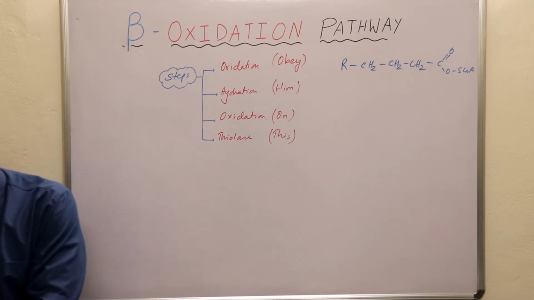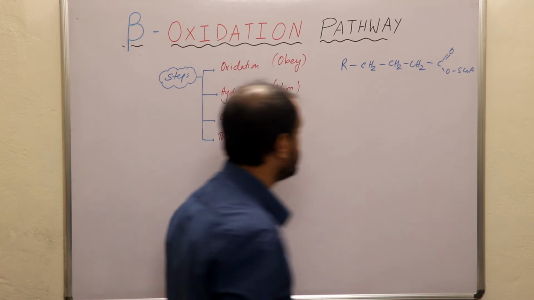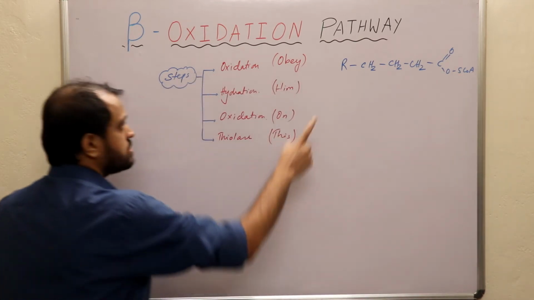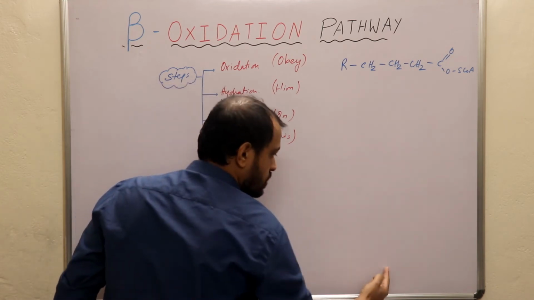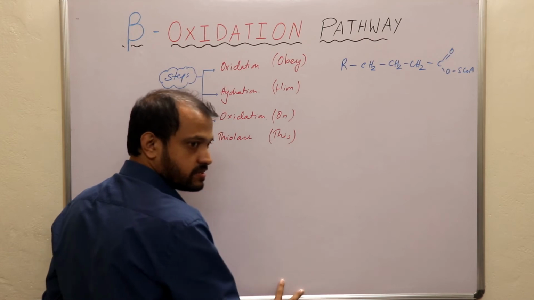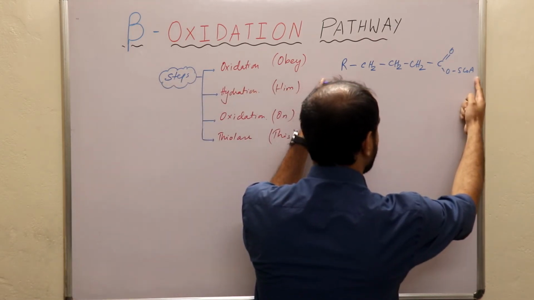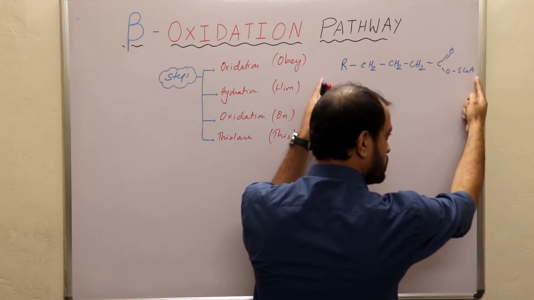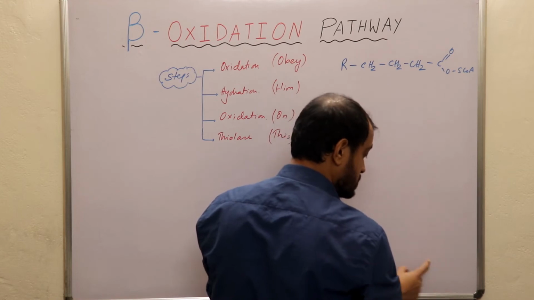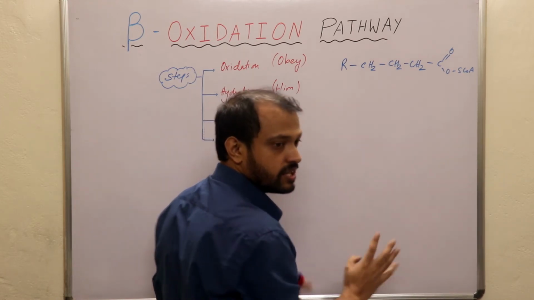Okay, this is your fatty acyl CoA. Now listen with all your attention possible. Now, this will be converted into acetyl CoA and acyl CoA having 2 carbon atoms less. Suppose this acyl CoA has 16 carbons, then at the end of beta oxidation of fatty acid, you will get acetyl CoA and an acyl CoA having 14 carbons.